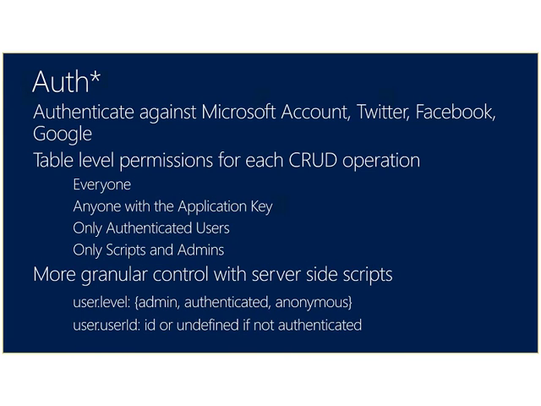The next level is authenticated users, and that's what I'm going to show you. Only with the login can they get to the data, and you can use that so they can only see their data. And then only scripts and admins is an even higher level, so that only certain levels of security can get to it.